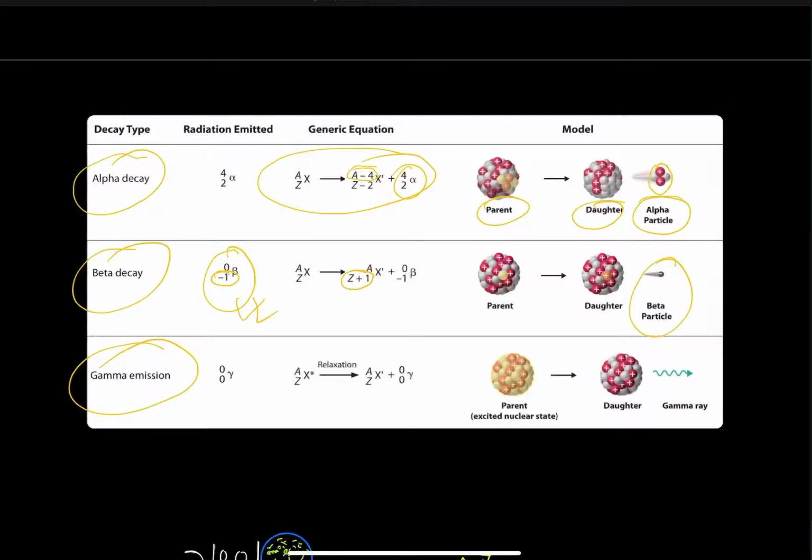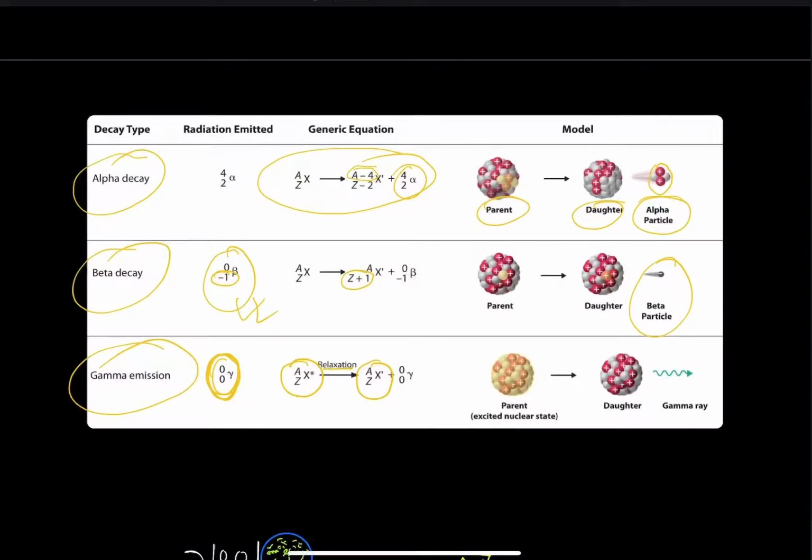In the case of gamma emission though, you did not get anything. The gamma did not get anything because it's just a ray, not a particle. You are going from the excited nuclear state of X to the stable version of that daughter nuclei, and it just relaxed. Think about this: you do a lot of work, you are very, very excited, there is so much going on in your life, and you want to relax.